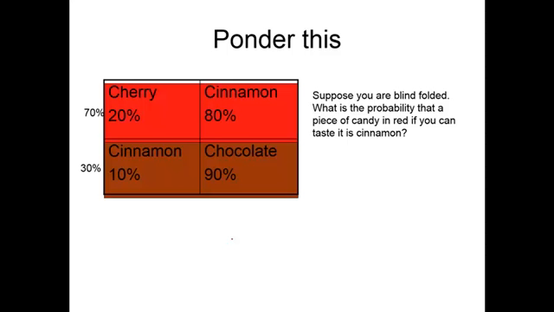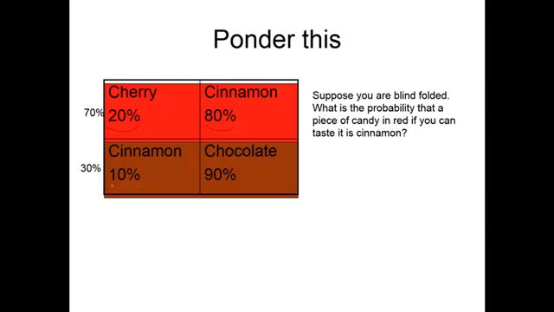Now, for a more pleasant problem, let's ponder this. Suppose that you are blindfolded, and there's some candy. 70% of the candy is red, and 30% of it is brown. Of the red candy, 20% is cherry and 80% is cinnamon.